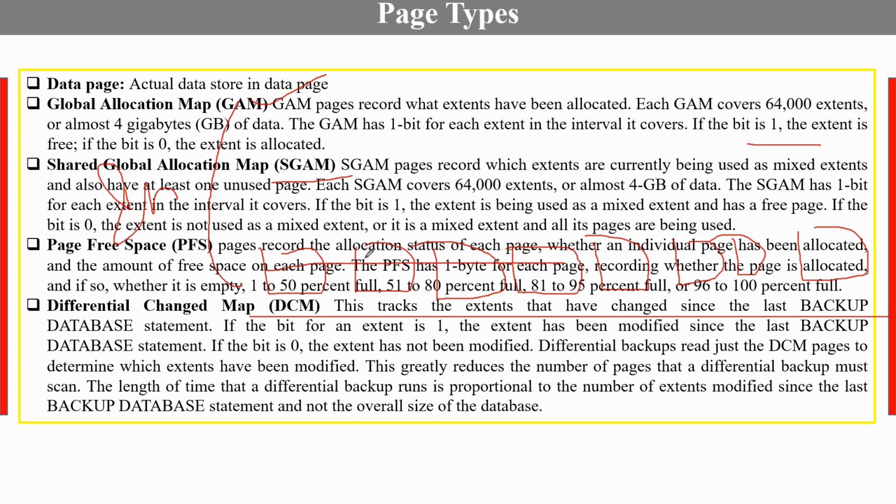SGAM maintains whether the extent is completely filled with data or contains any free pages. So allocation is done by GAM, and whether that extent has some free page or not, that information comes from SGAM, sir.